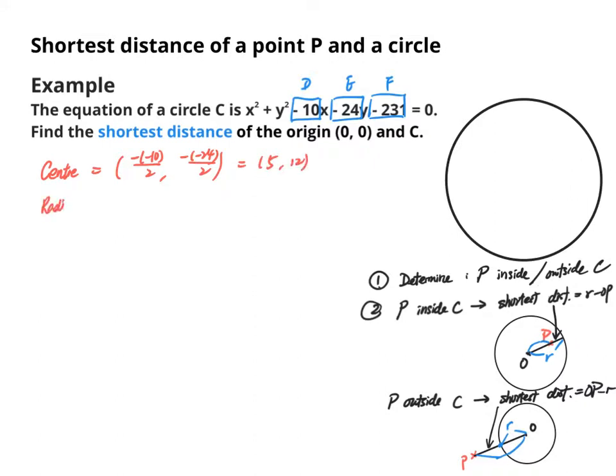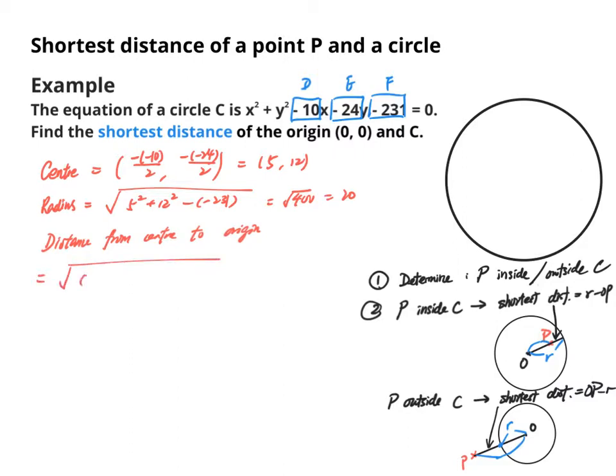The radius of the circle is the square root of 5 squared plus 12 squared minus -231. It is the square root of 400. The radius is 20. And the distance from the center to the origin is the square root of (5 minus 0) squared plus (12 minus 0) squared. So the distance is 13. Because the distance is smaller than the radius, P lies inside the circle.